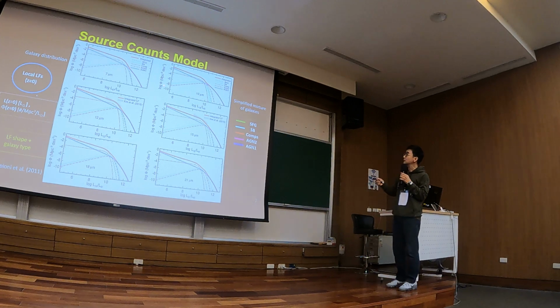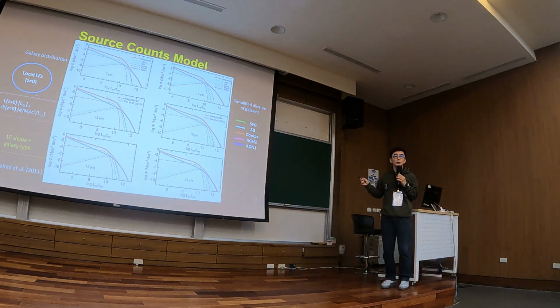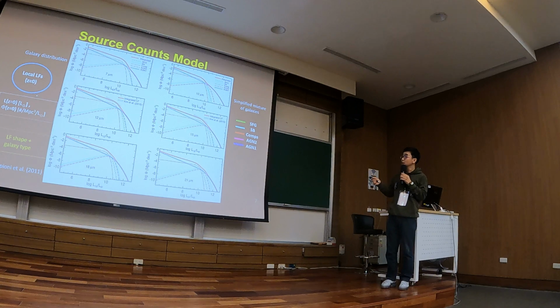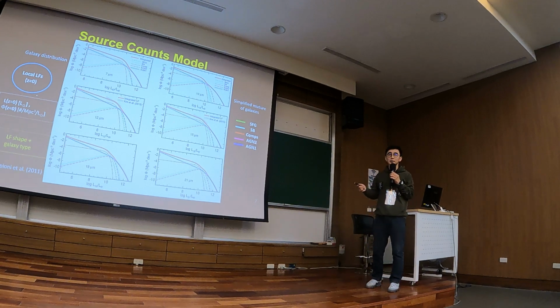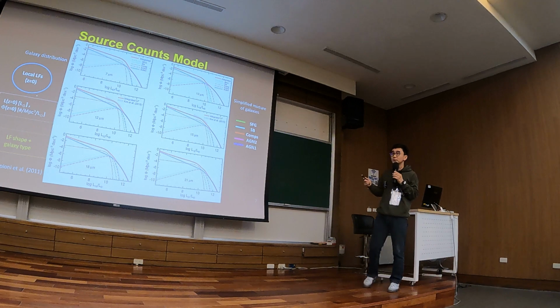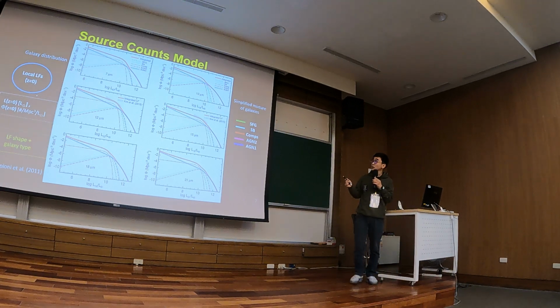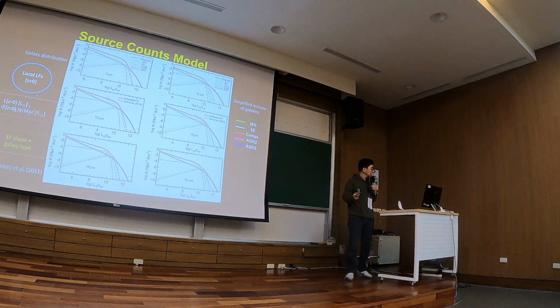And for galaxy types, we try to simplify the mixture of galaxies. In the real universe, there are so many different types of galaxies in size, mass, or shape. But in this work, we simplify the galaxy population so that there are only 5 major types in the universe.